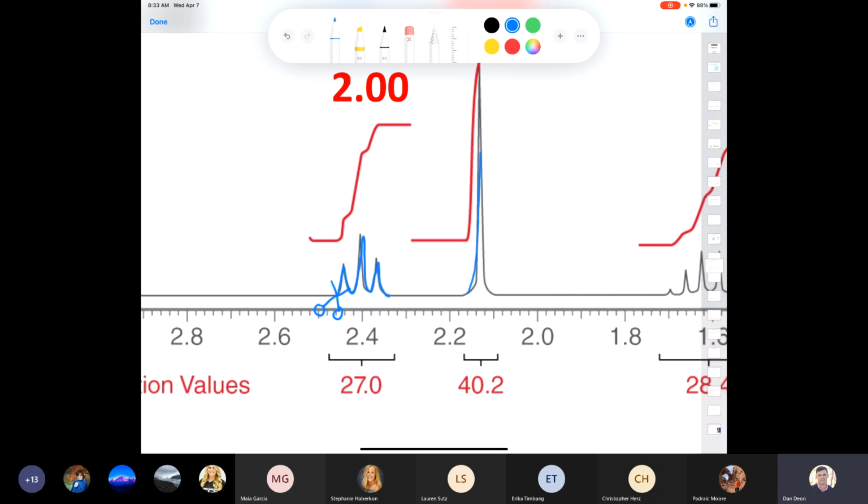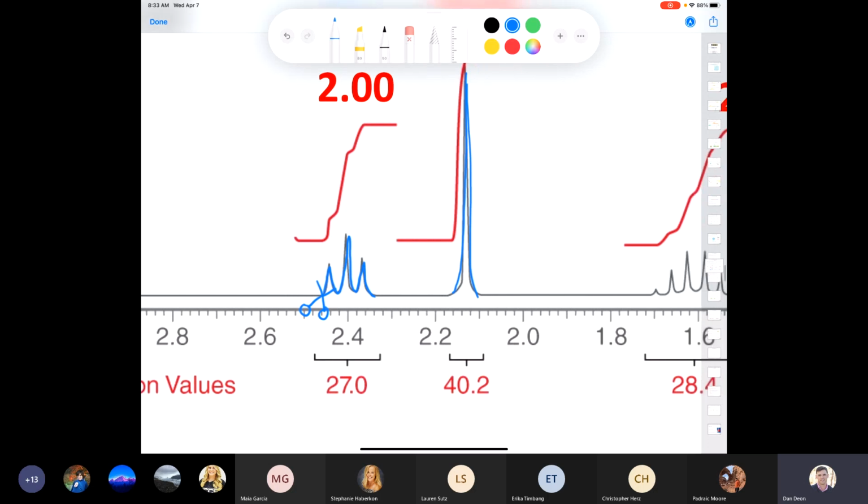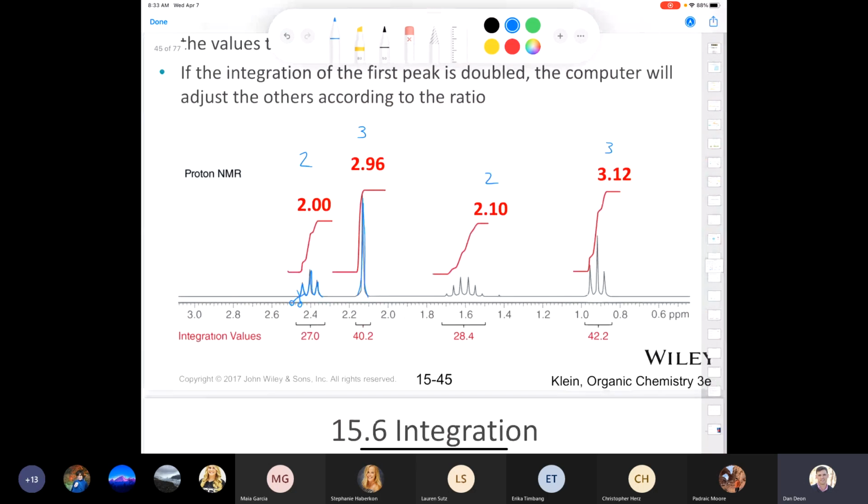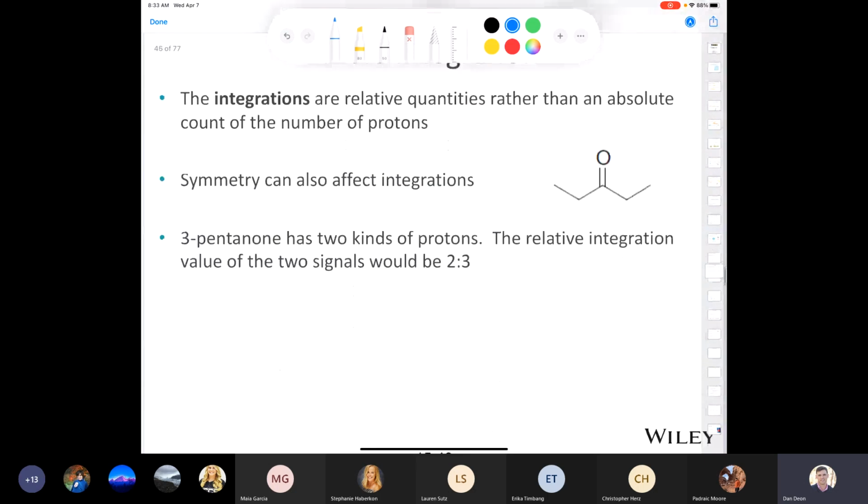Since it was on heavy stock paper, they would cut them out and weigh them on a balance, and compare them by mass. Might sound kind of low tech, but it worked. Anyhow, there you go. So, integration.